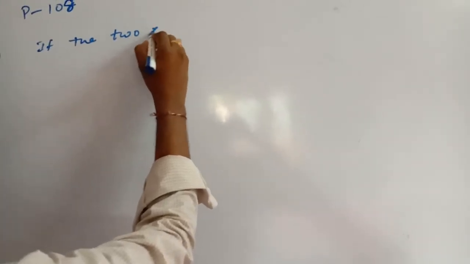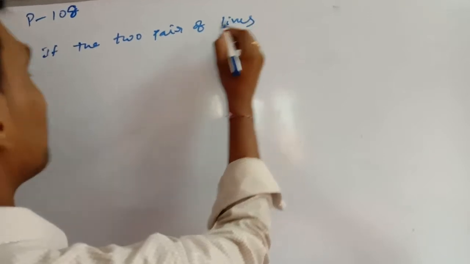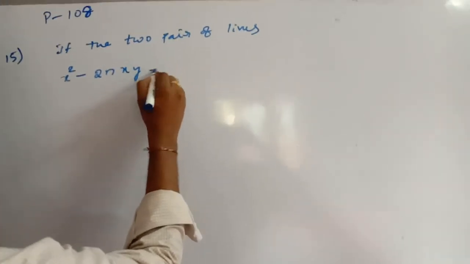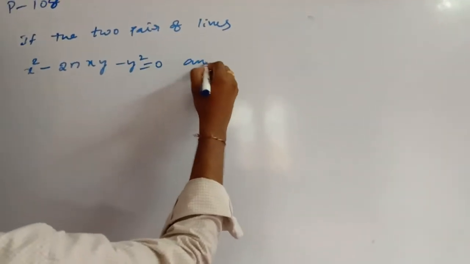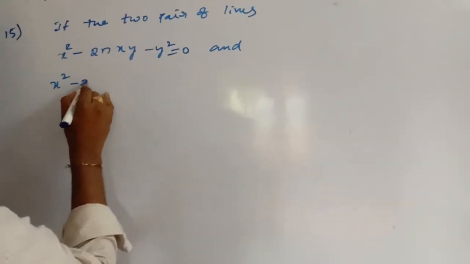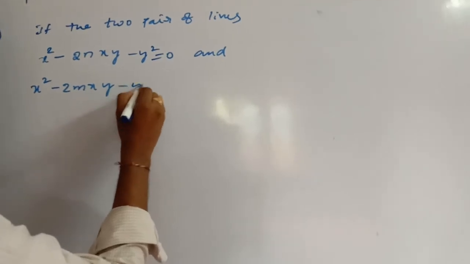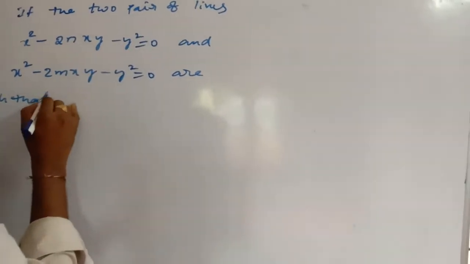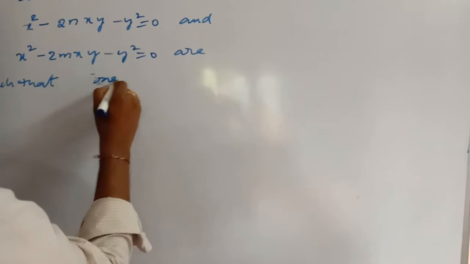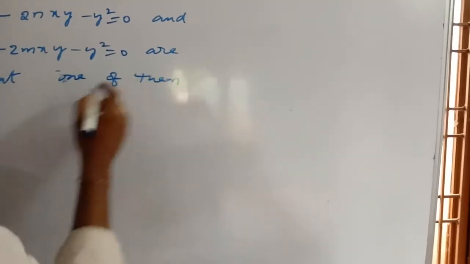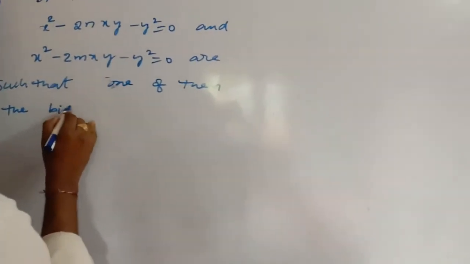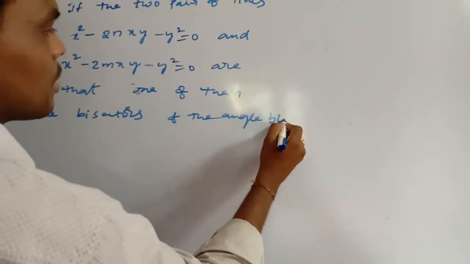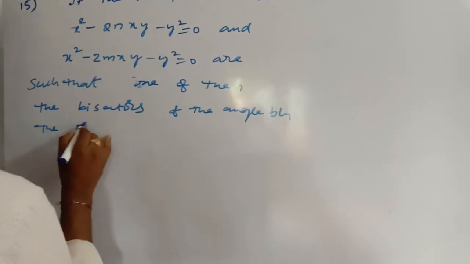Write down. The two pairs of lines x square minus 2nxy minus y square is equal to 0 and x square minus 2mxy minus y square is equal to 0 are such that one of them bisects the angle between the other.